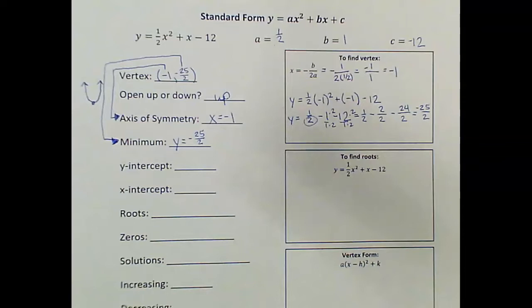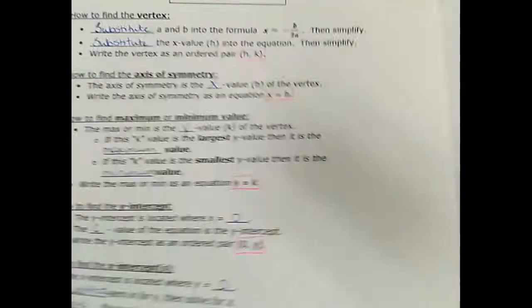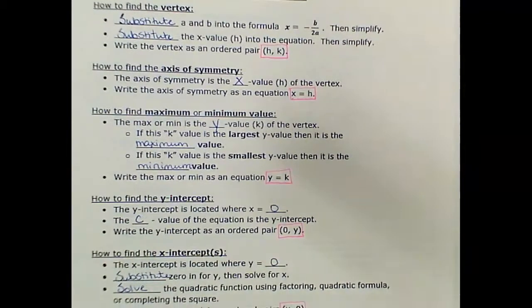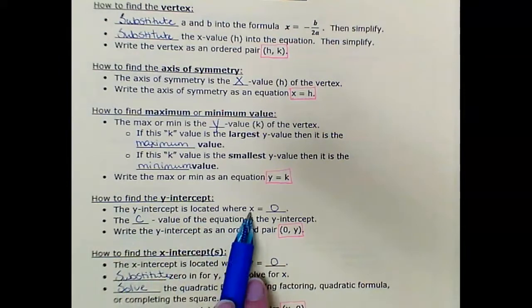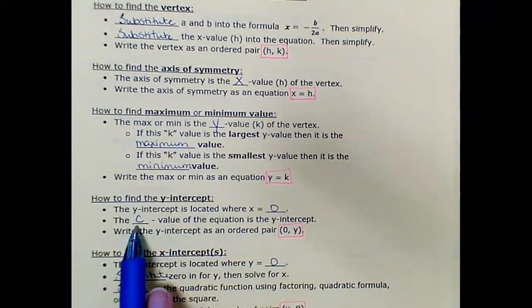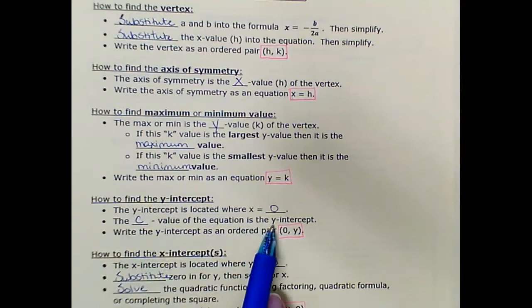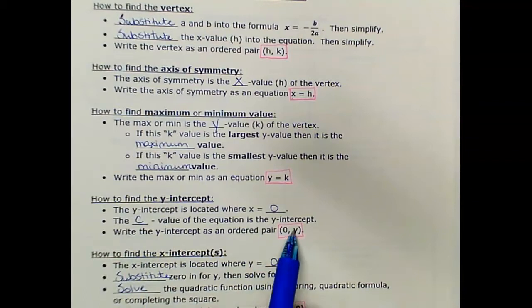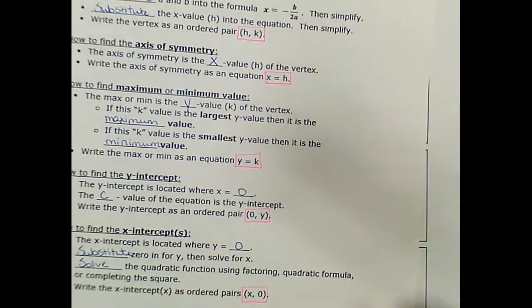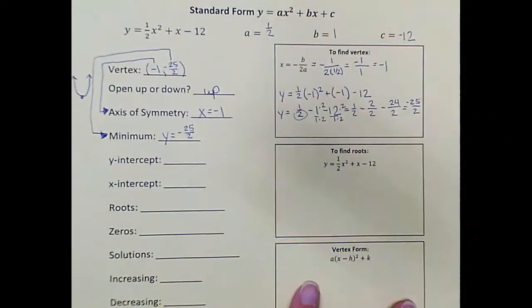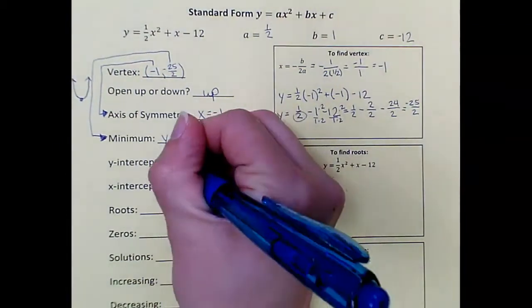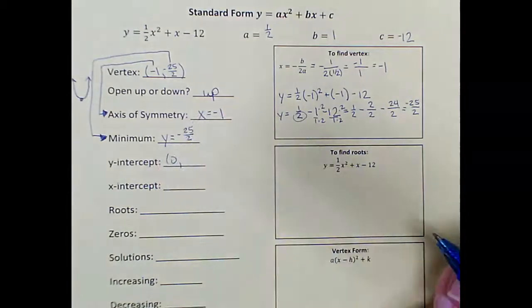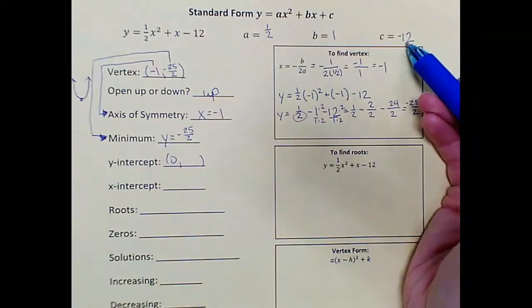Okay. The y-intercept. The y-intercept is located where x equals 0. The c value of the equation is the y-intercept. So 0, comma, and then the c value. So 0, comma, and then what is the c value? The c value is -12.